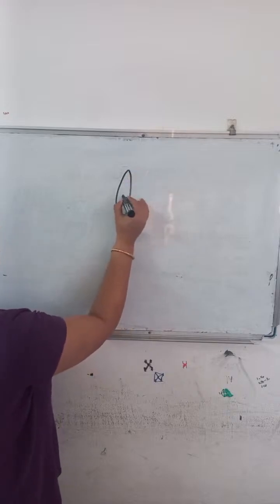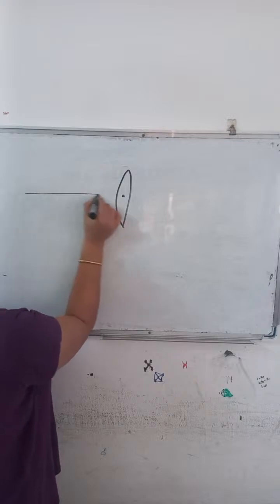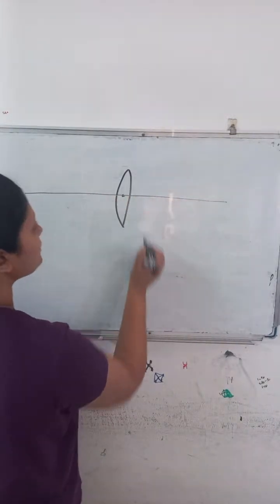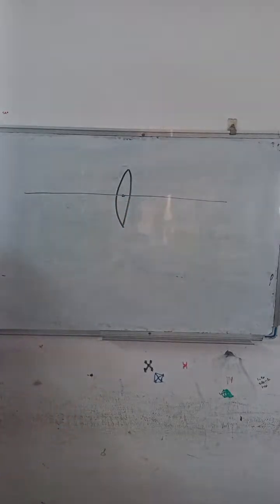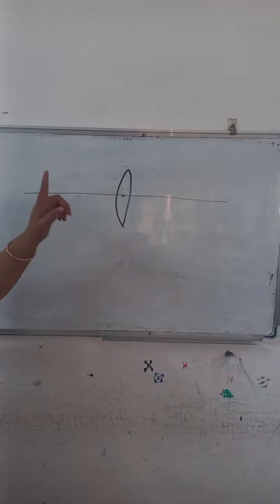This is the optical center, pass one line. This line is known as the principal axis, and this is optical center O. They are asking to draw the ray diagram to show the formation of image by a convex lens when the object is placed in front of the lens, between its optical center and principal focus.